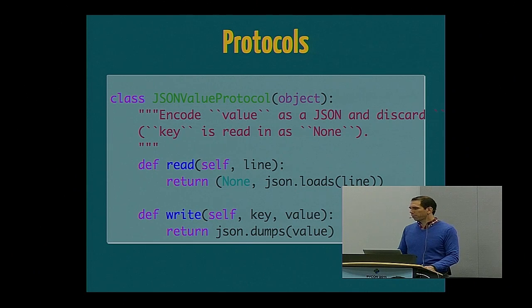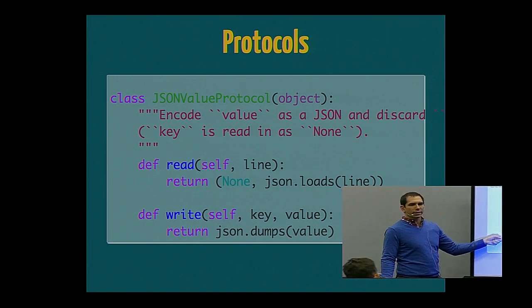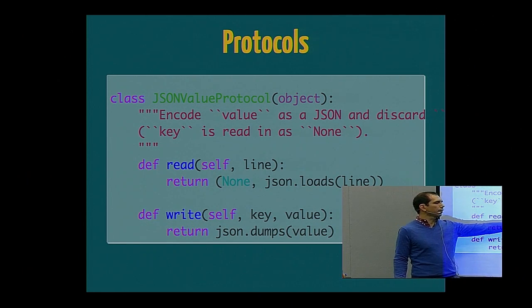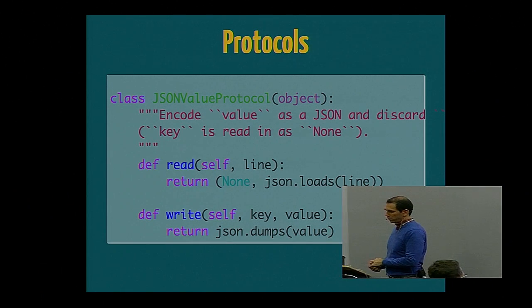So a protocol looks pretty simple. We have basically read and write methods that take in that raw line and then just do the interpolation into a JSON object.